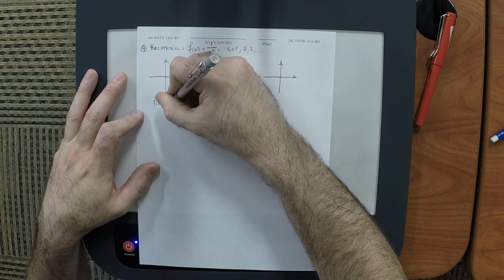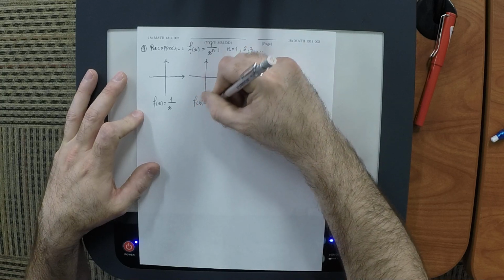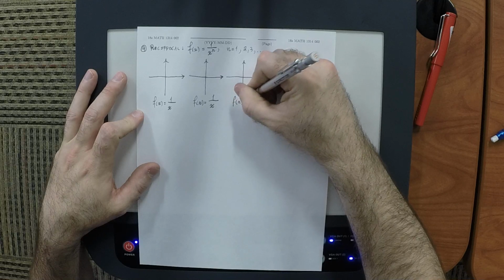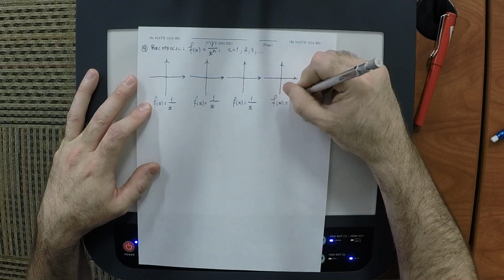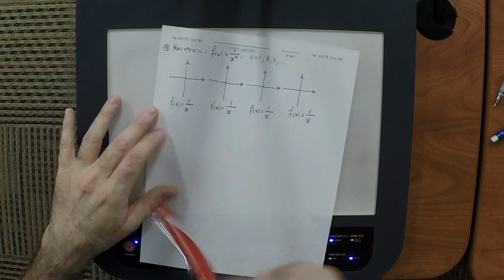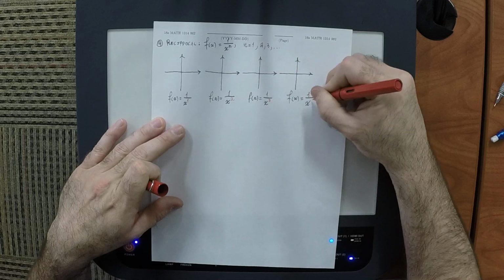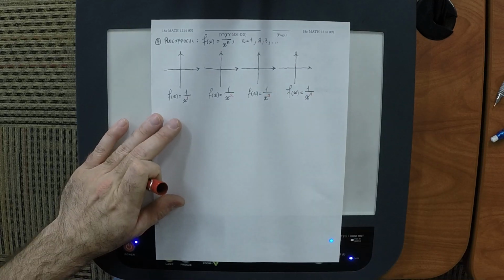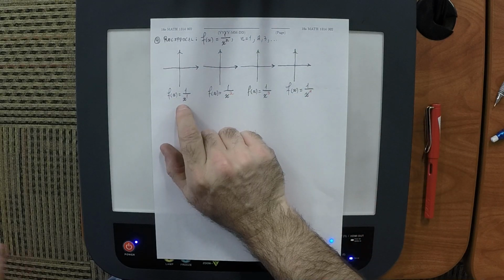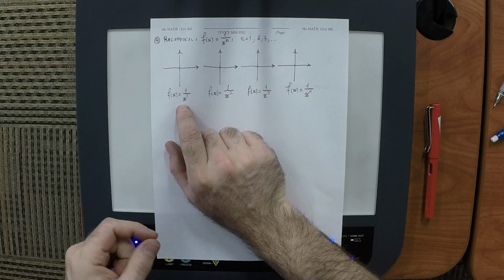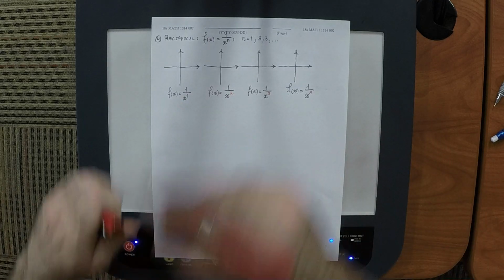So f of x is 1 over x to 1. f of x is 1 over x to 2. f of x is 1 over x to 3. And f of x is 1 over x to 4. All right. Of course, under normal circumstances, you don't write exponent 1, but I just wrote it there so the pattern is clear. We did 1 over x last time, so I'll just plot it.